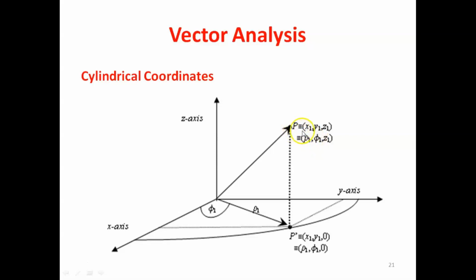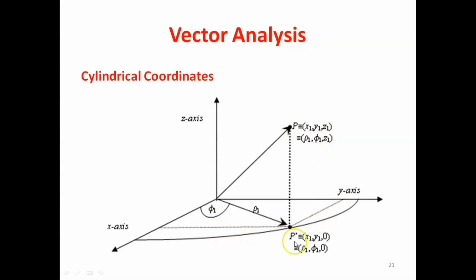Now, to reach point P (x1, y1, z1), one needs to travel x1 distance along the x-axis, y1 distance parallel to the y-axis, and z1 distance parallel to the z-axis. In other words, if you project this point P onto the xy plane, the point is named P dash, having coordinates x1, y1, 0. We are just dropping the point P from the z1 location to the xy plane.